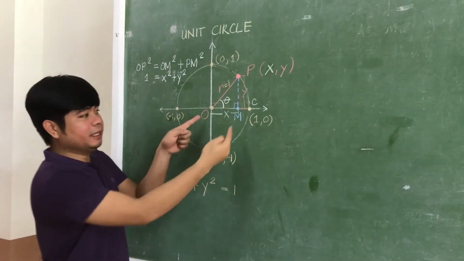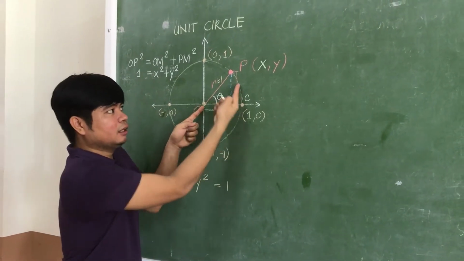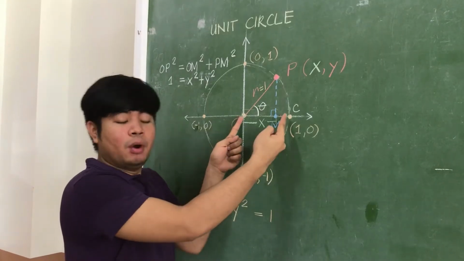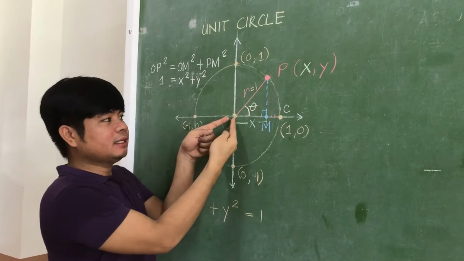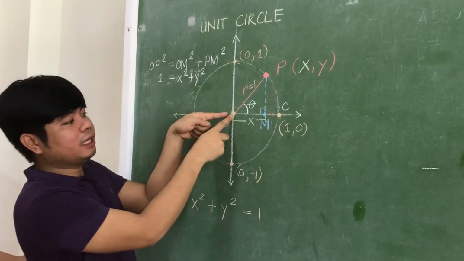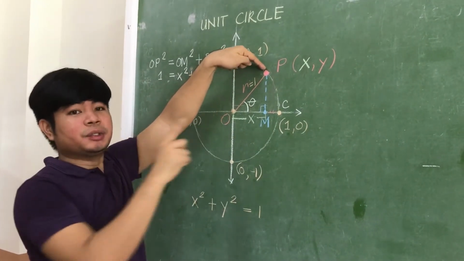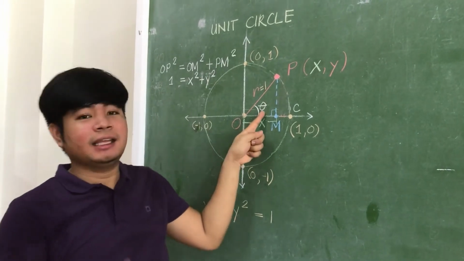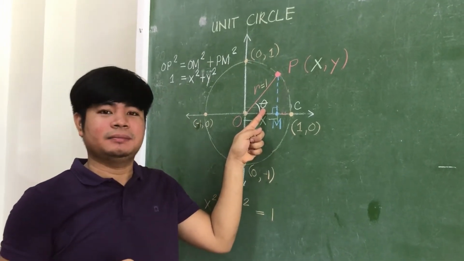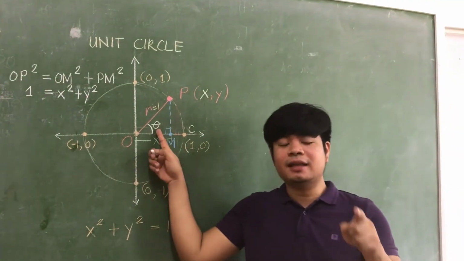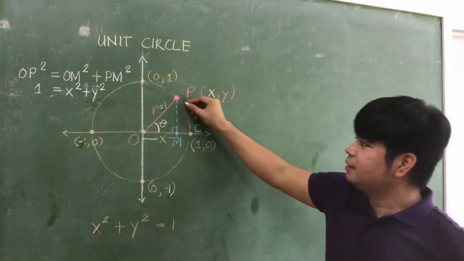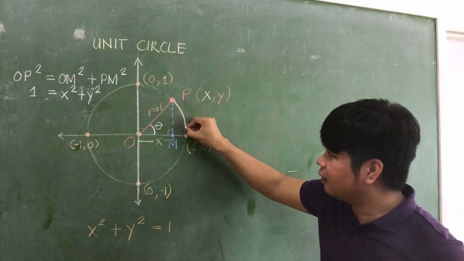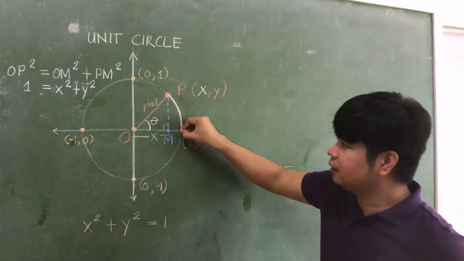Because there is a movement from OC, being the initial side, it moves counterclockwise and stops at point P. So we have line segment OP here. Automatically there is a generated angle, theta. And because there is a generated angle measurement, you expect that there is an intersected arc with a particular arc length.